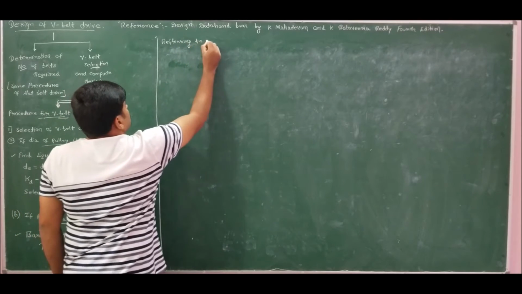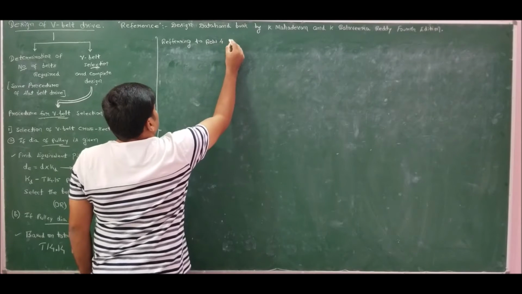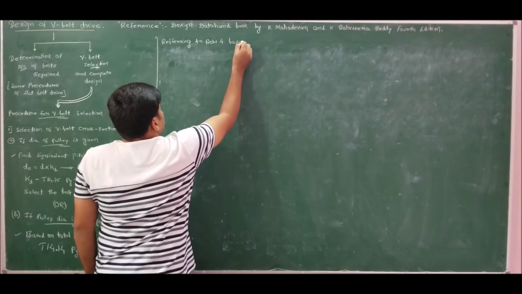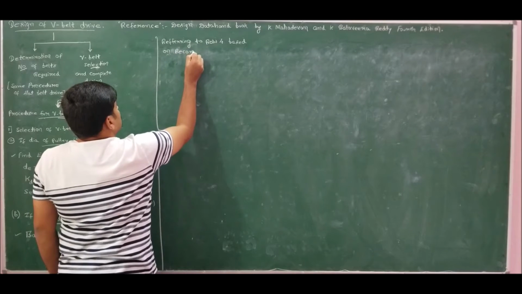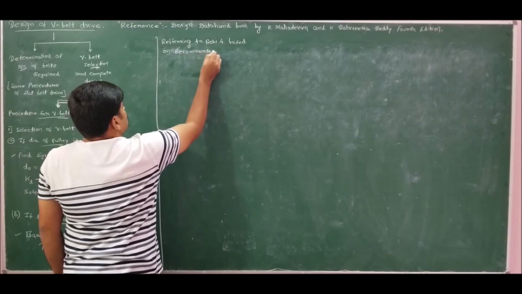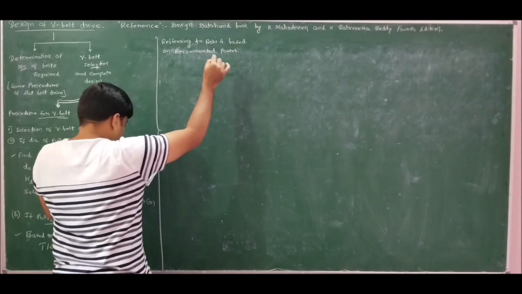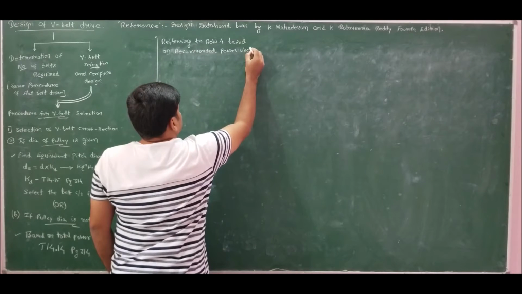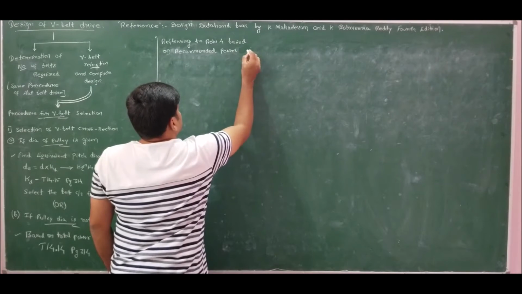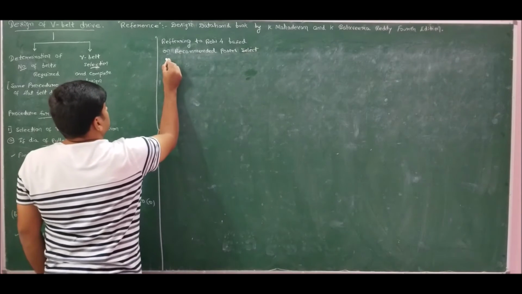Referring to row 4, based on recommended power, you can select the belt cross section.